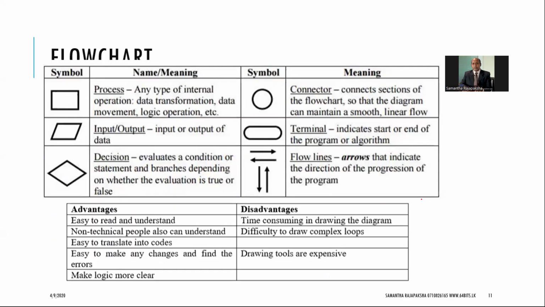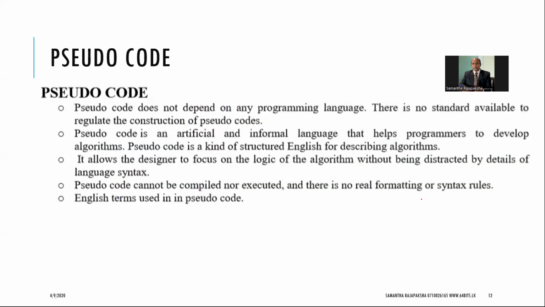Arrows are used to move the data here and there, and decision making or selection or repetition is done by this diamond shape. And the connector is used if the flowchart is extending to another page, so you can connect the two flowcharts together. In pseudocode, there is nothing special. Everything we write in the English language, so everybody can read and understand.